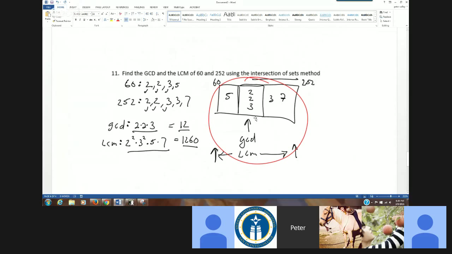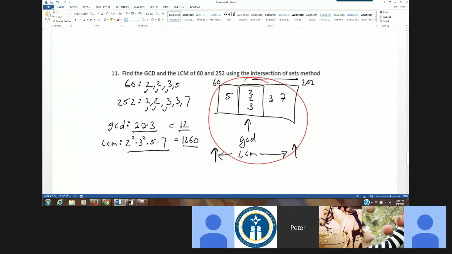One method is we made this sort of Venn diagram that illustrated, like, 60, for example, is 5 times 2 times 2 times 3. And 252 is 2 times 2 times 3 times 3 times 7. And so you can kind of see there's an overlap between the two numbers.